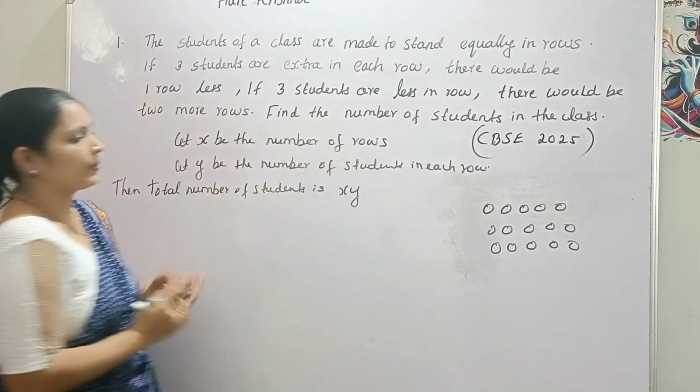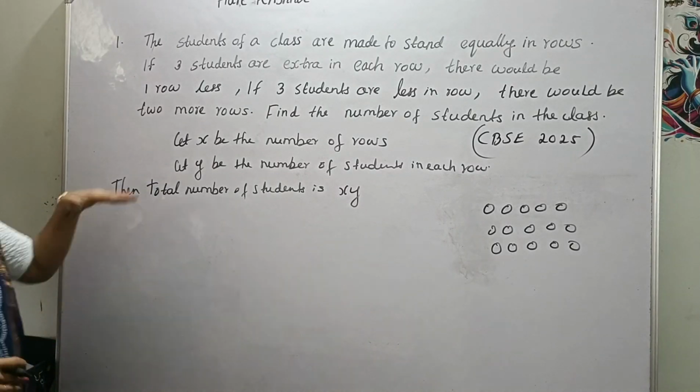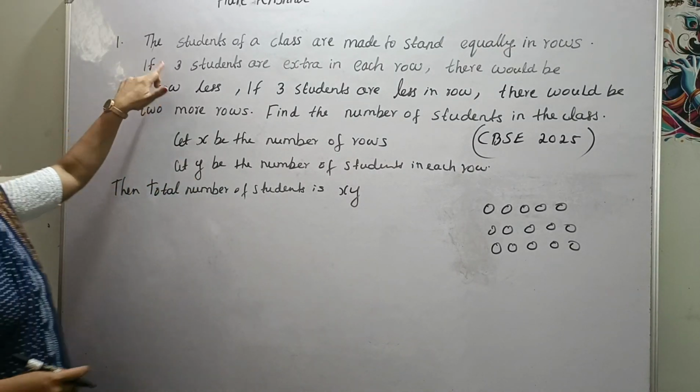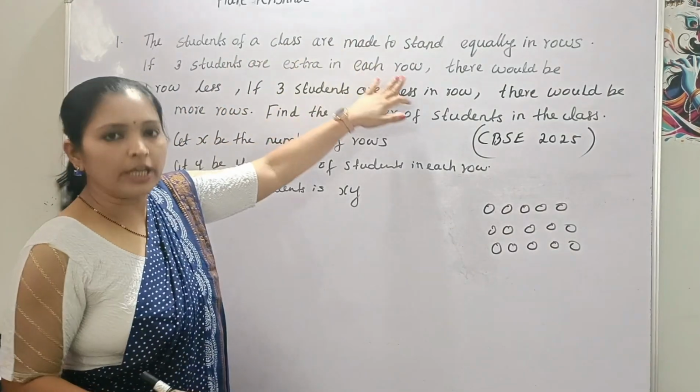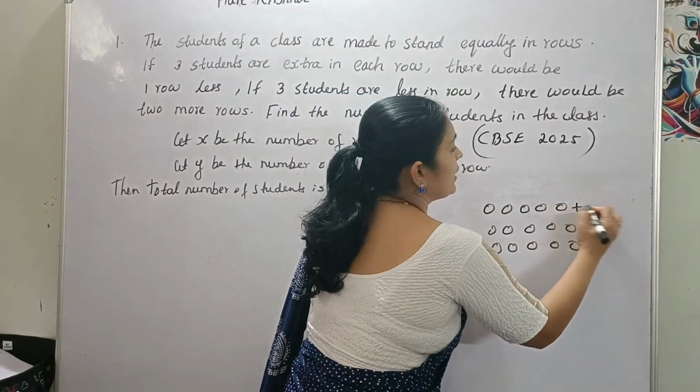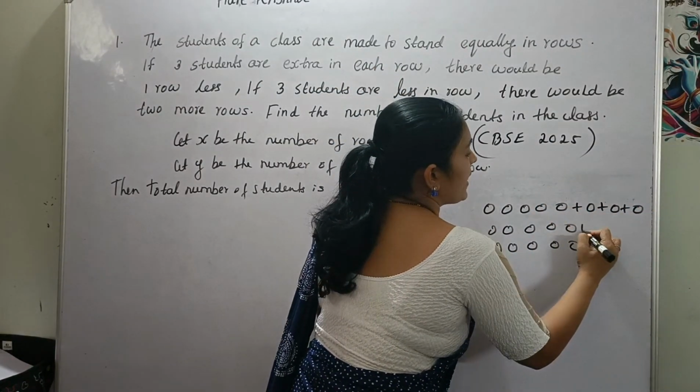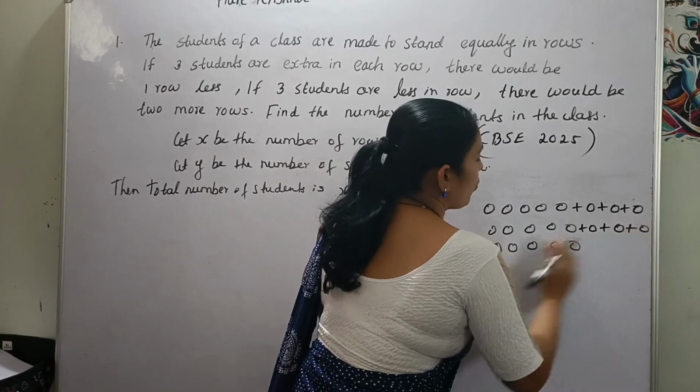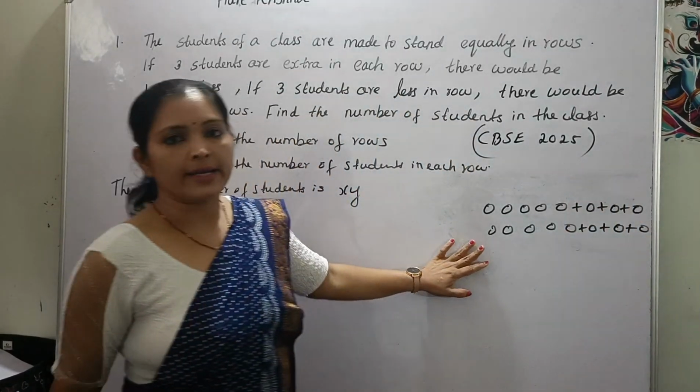Now, next it is given, if 3 students are extra in each row, 1 row will be less.